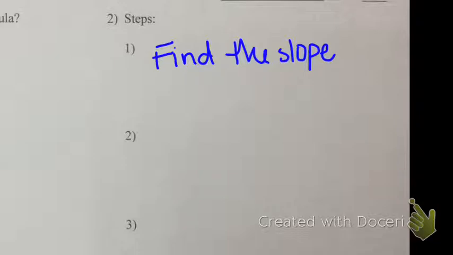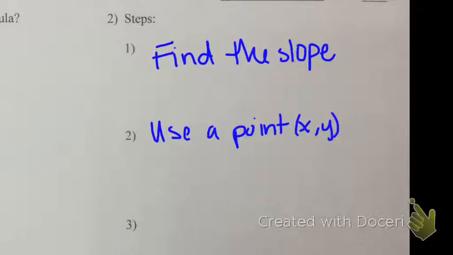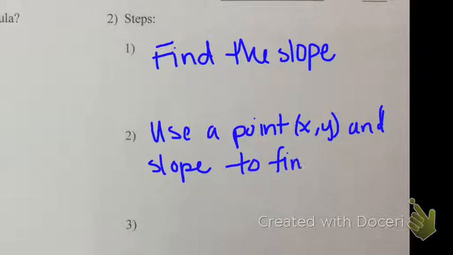The next step is we're going to use one of our points, an x and a y value, and the slope, to find b. Remember, b is our y-intercept. And last, we're going to use m and b to write an equation.